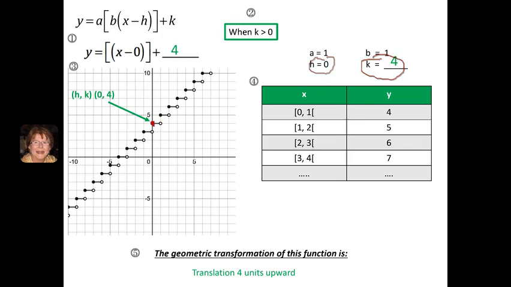And then we continue our graphing with the A and the B. Here, for this voice thread, the A will equal 1, the B will equal 1. The B is positive, so our graph will go to the right, and the vertical distance between each step is 1. So that will not change in this voice thread. Remember, we're focusing on the K. The geometric transformation we say is a translation 4 units upward.